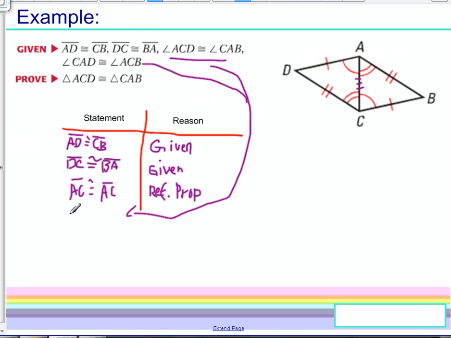Now I need to say, well, angle ADC is congruent to this angle right here, angle CBA.